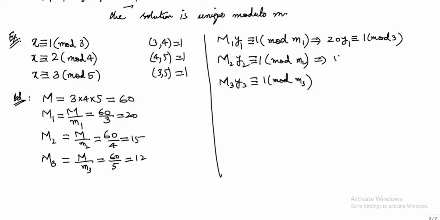Here we have 15 y2 congruent to 1 modulo 4, and 12 y3 congruent to 1 modulo 5. Okay, so we have these three equations.